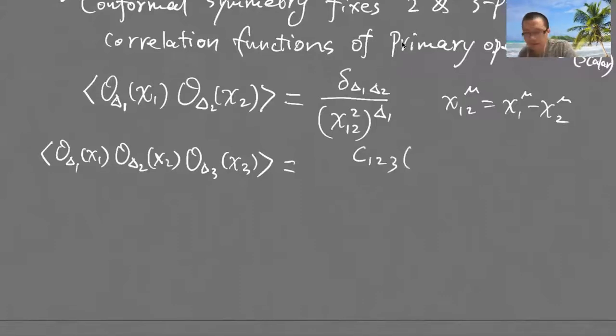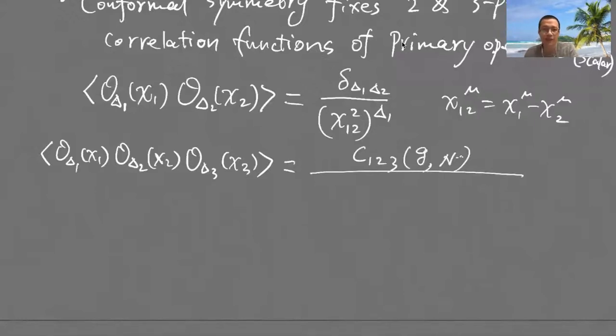This constant can be a non-trivial function of your theory, say it depends on the coupling, or if you're considering a gauge theory like N=4 Yang-Mills, it may depend on the gauge group, say SU(N), and so on. But it doesn't depend on space-time, namely it does not depend on x1, x2, x3. The space-time dependence is completely fixed.